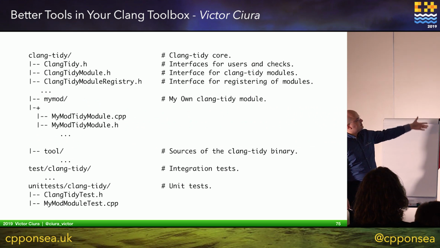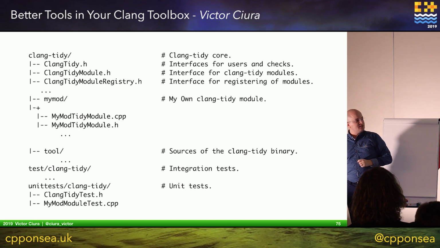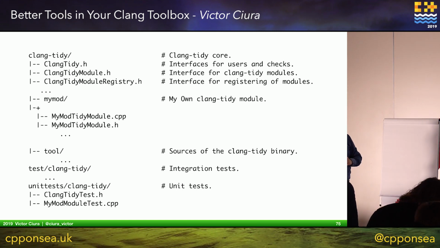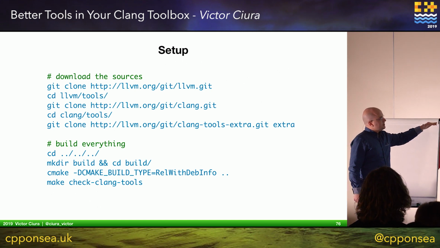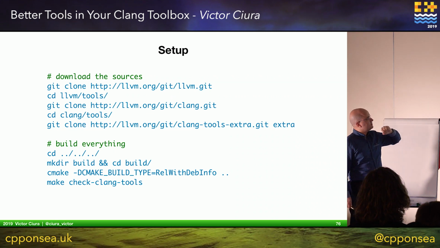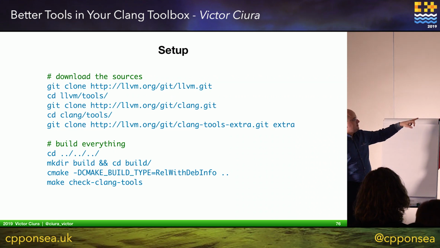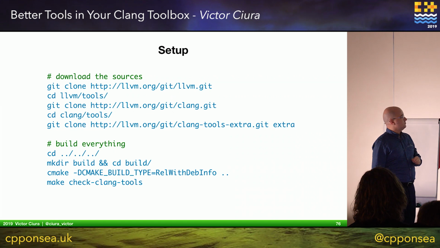So a sample structure for a Clang-tidy check in terms of source files would be something like this. Basically, it's fairly easy to get up and going. You just clone that repo and the extra tools repo, and you just execute the build file and make check Clang tools.